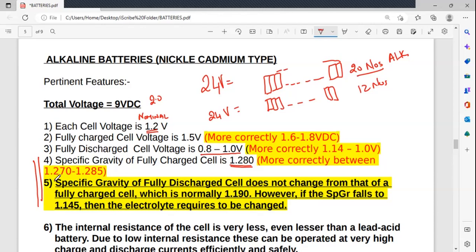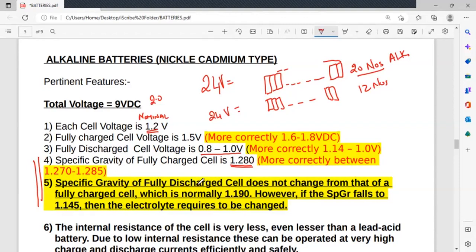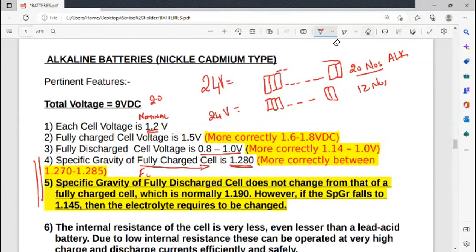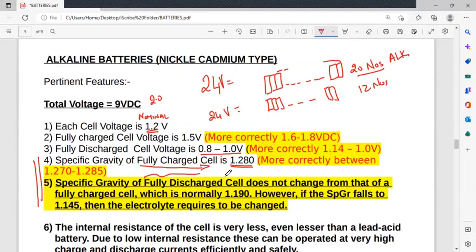1.280, be it your lead acid or this type of battery. Then note point 5. Specific gravity of a fully discharged cell does not change from that of a fully charged cell. So a fully charged cell is showing this. Fully discharged one is also showing this.